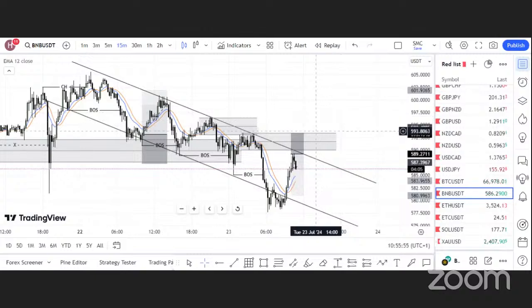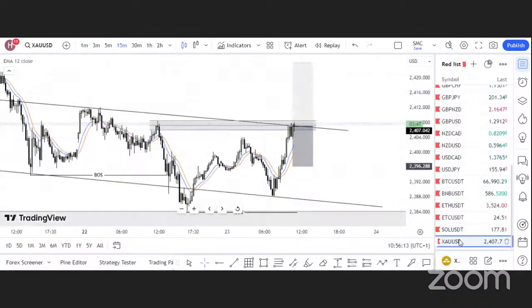If we had opened a sell position on this trade, we could have been in good profit by now, because this is BNB USDT and BNB is very volatile. All right. So now let's go back to XAU USD and see how the market will continue to flow.